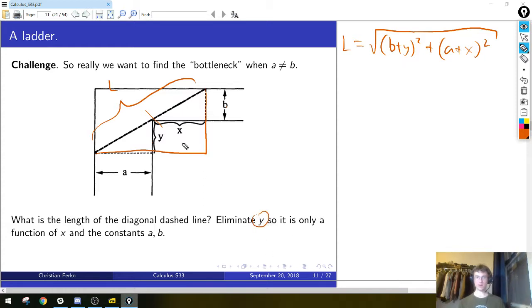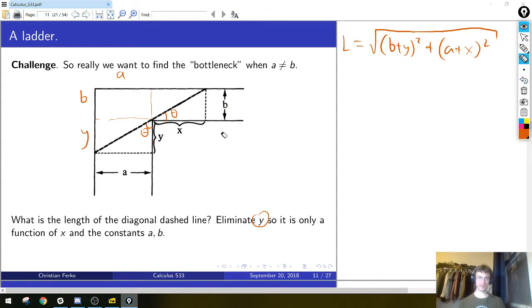Now, I claim we can eliminate y. So y is determined in terms of a, x, and b in the way that I've written this, and as a hint for why that's true, let me draw this thing. So this is b, a, y, and then I claim that these angles are the same. So we have some similar triangles here. Give me an equation relating a, x, b, and y, which expresses that these triangles are similar.